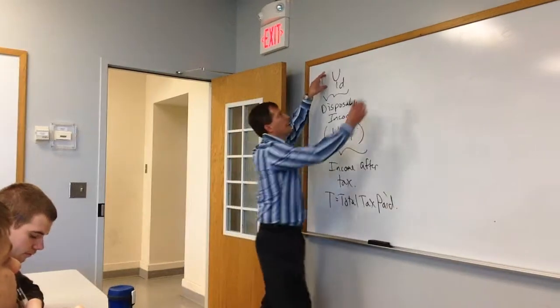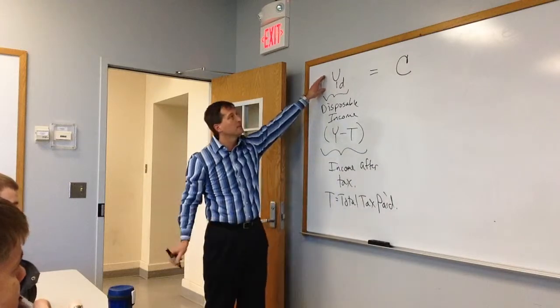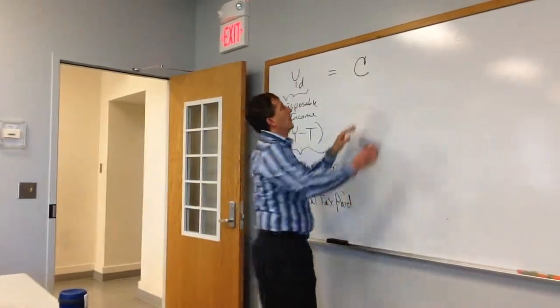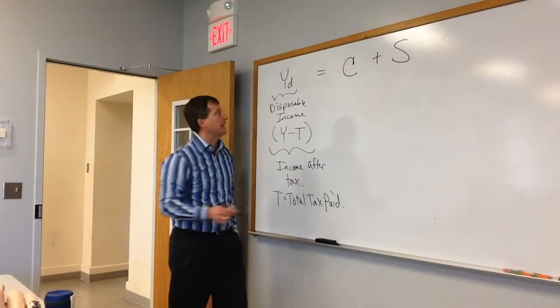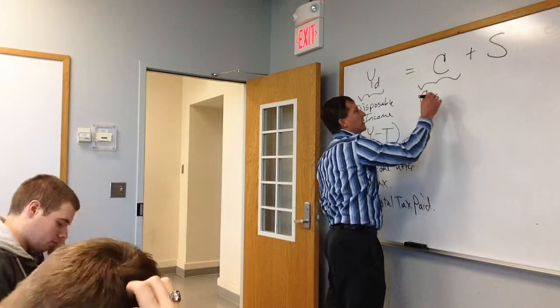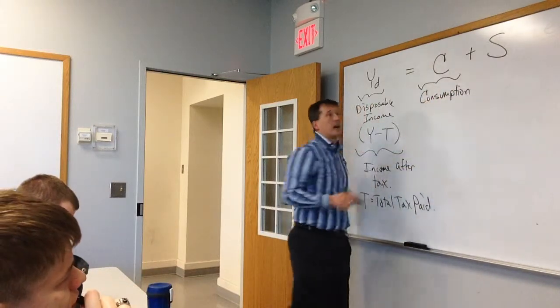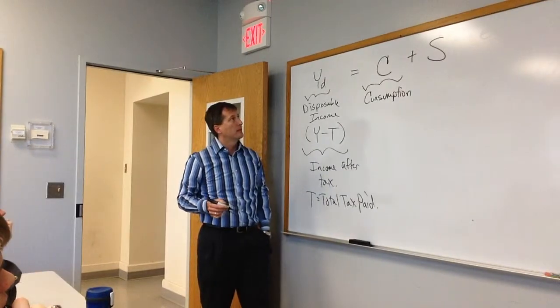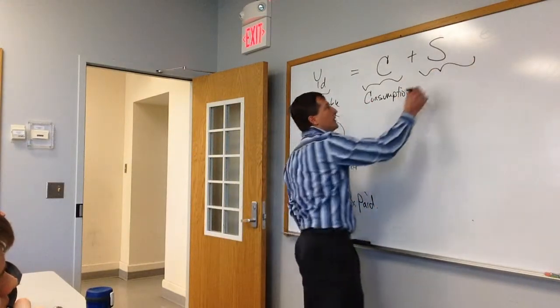What do I do with it? I either consume it or I save it. So I'm going to partition my money into consumption. This is from our GDP equation, C plus I plus G plus X. I can consume it, or I may decide to save it.